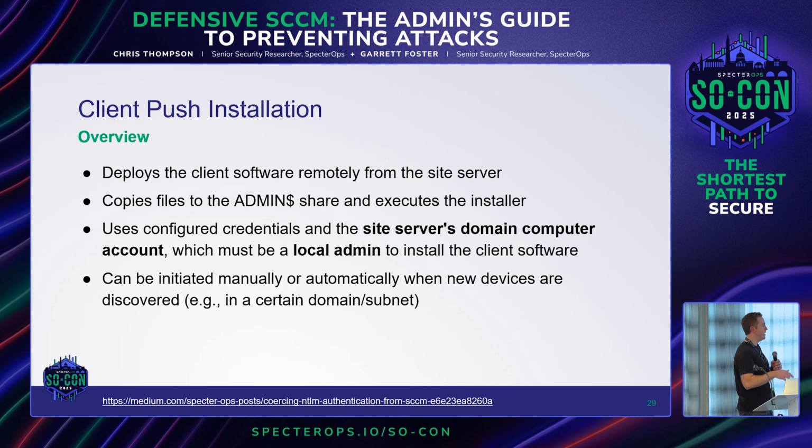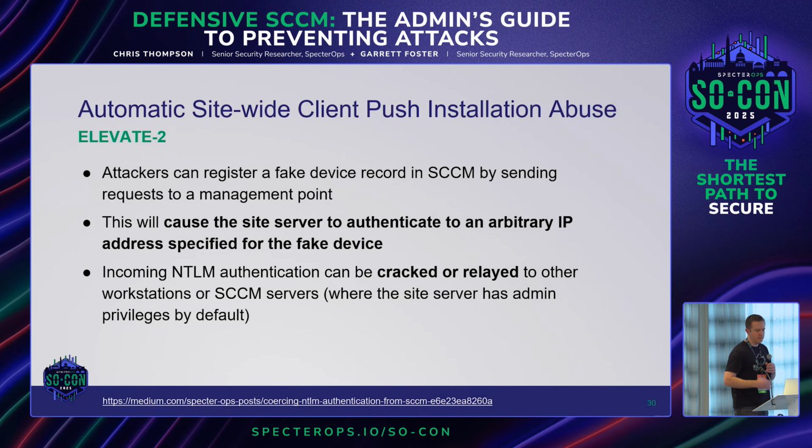This can be initiated manually, like I mentioned, through the console by right-clicking a device or a collection of devices, or it can be automatic. So as SCCM discovers new systems that are added to the domain by like querying LDAP, there's an option to just do this automatically, in which case there are some abuses that are possible. So Elevate 2 is one of these abuses.